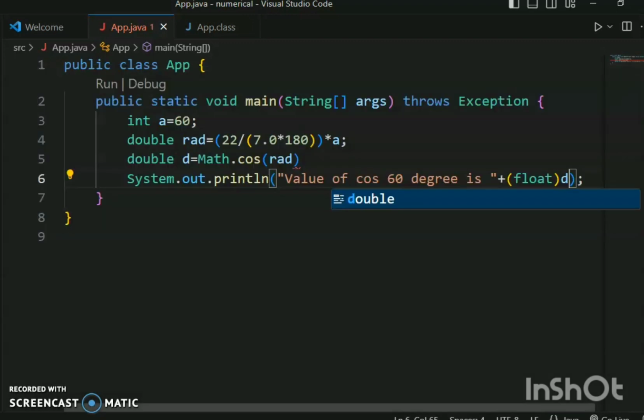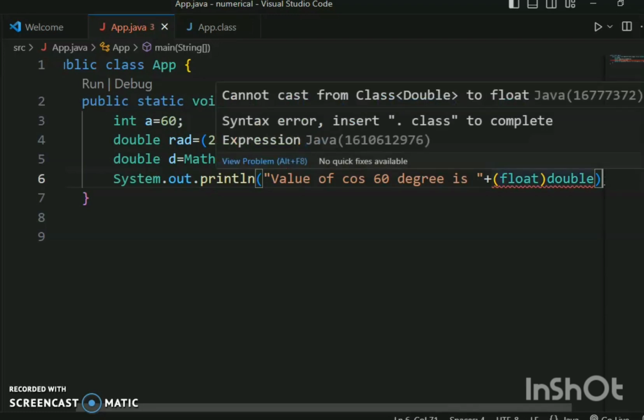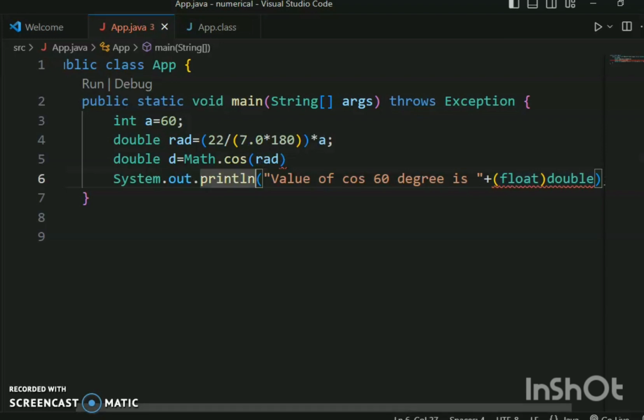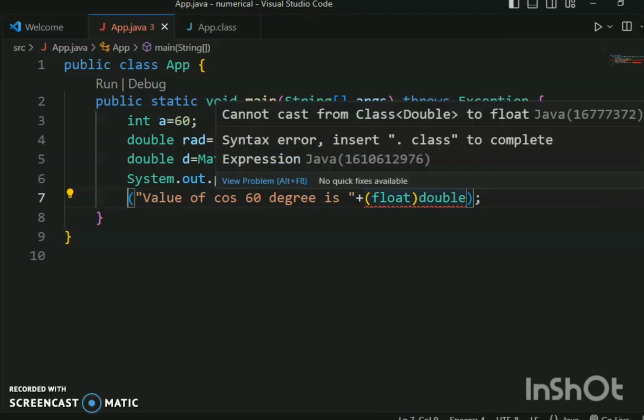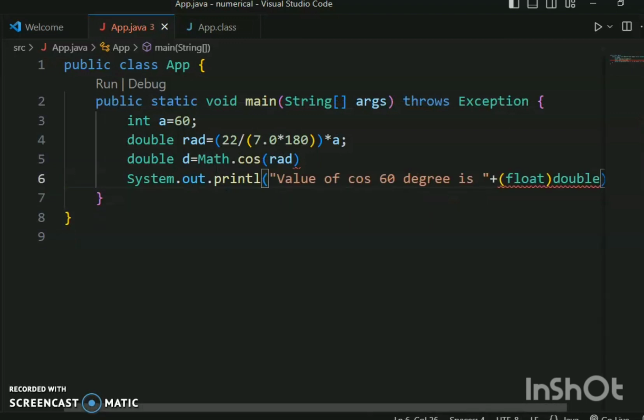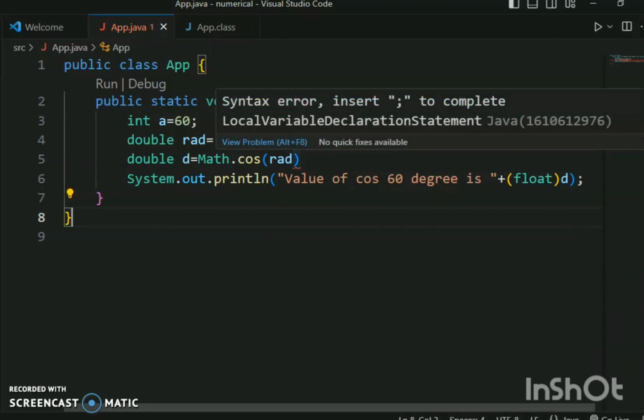Okay, here there is some error, it is plus float, not double float, and println.